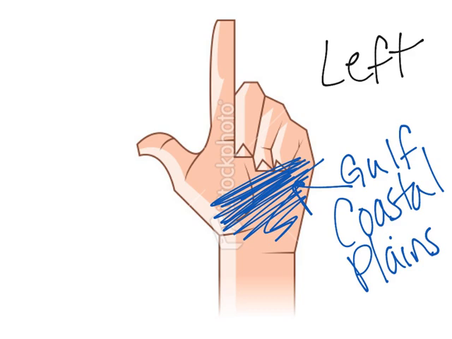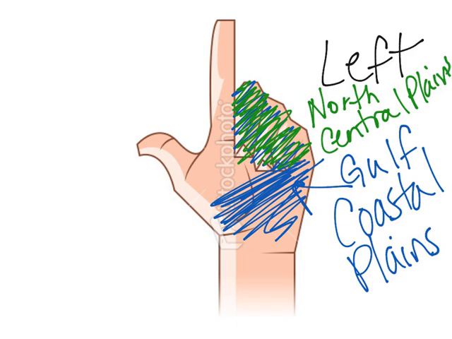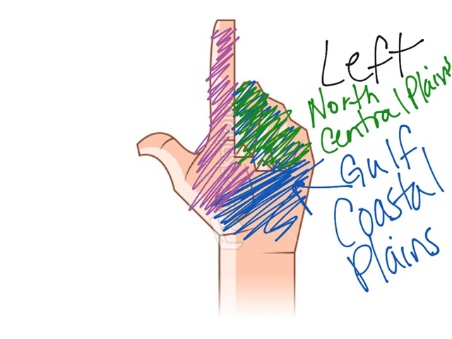The next section are your fingers that are kind of hung down right here. Let me change the color for you. We'll do that one in green. Your fingers that are folded over are the North Central Plains. The next one, we'll do that one in purple, all the way up here at your finger that's pointed towards the ceiling, down to part of your palm.